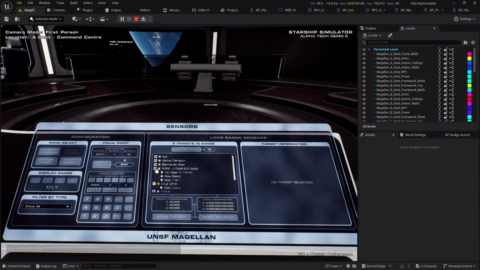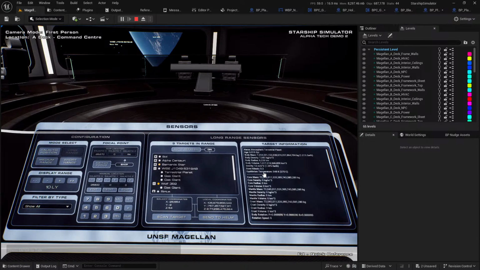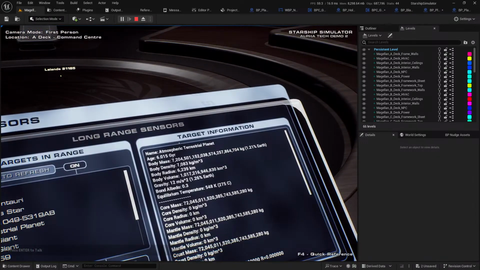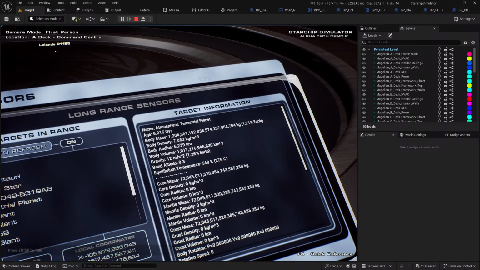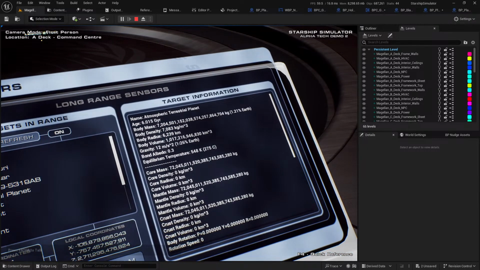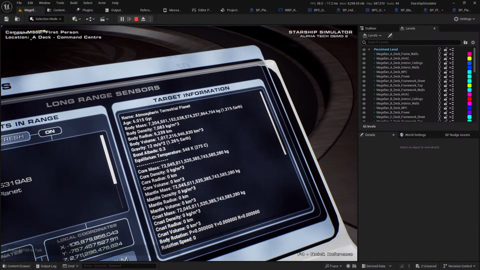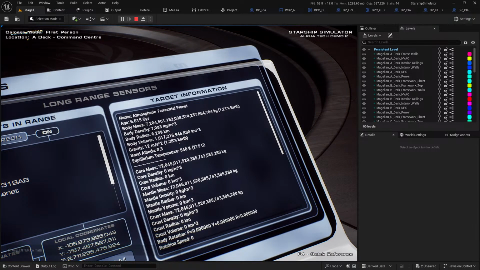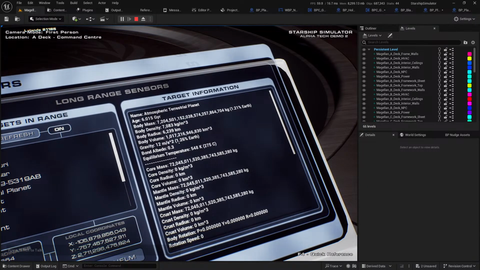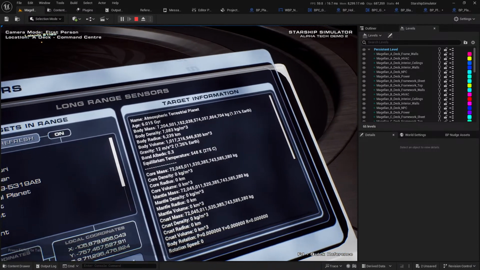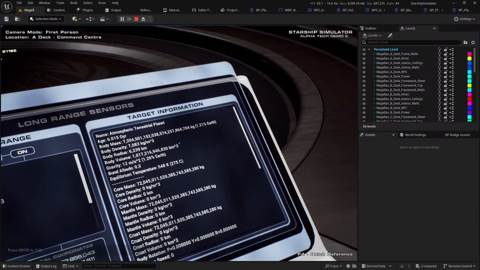Right, let's go over the terrestrial planet. Well, that's a more sensible value, isn't it? Yeah, so the stupid density was obviously affecting the gravity calculation as well.